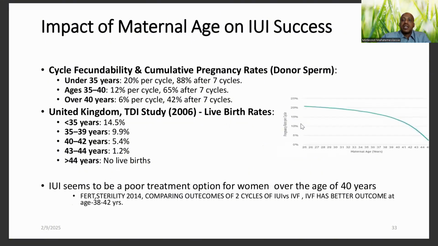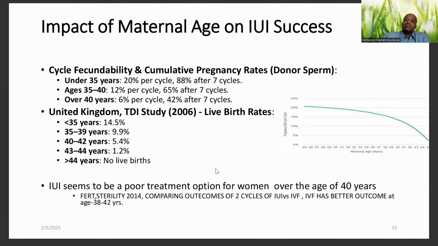The other is maternal age. Maternal age significantly affects the IUI success. If you look at these researches, for example, in age less than 35, the success rate may reach up to 50%. In age more than 40, it significantly decreases to 5%. Above the age of 43, the success rate is only 1%.